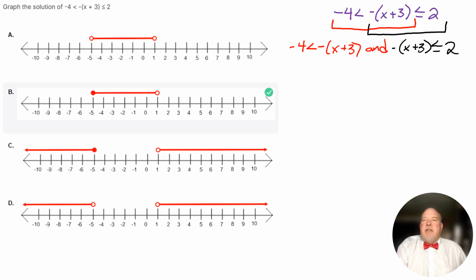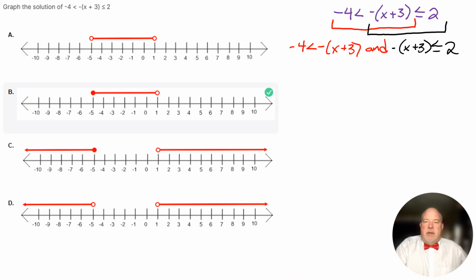The middle piece between the inequality symbols goes with both of the inequalities, so you can see it here and here. And that's how you split this up. Again, only "and" compound inequalities can be written like this. If it was an or, it would look like this with the word or between it. All right, so now all we're going to do is solve each of these.